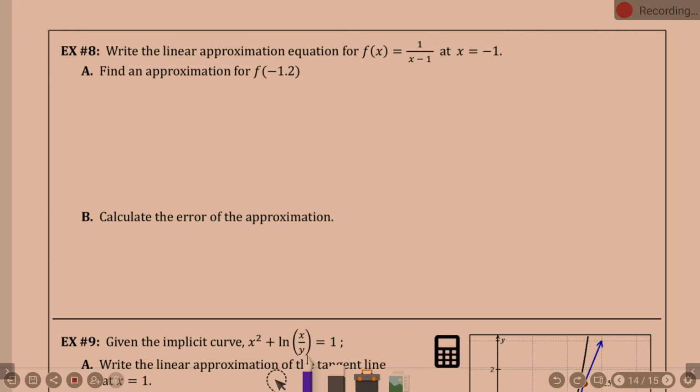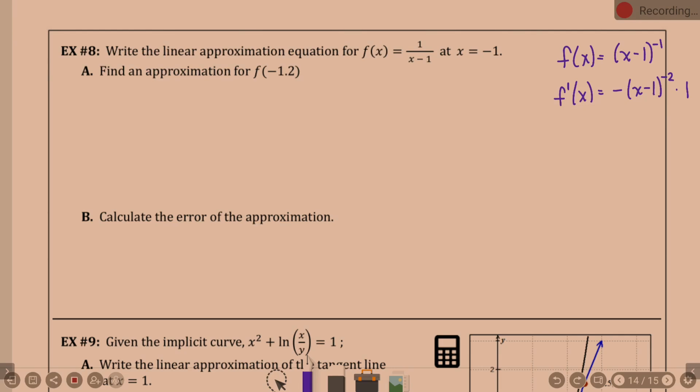For practice, if f of x is 1 over x minus 1, how do we do that derivative? It's x minus 1 to the negative first. Good review. So the derivative becomes negative, parenthesis x minus 1 to the negative second, times the derivative of x minus 1 by the chain rule, which is 1.